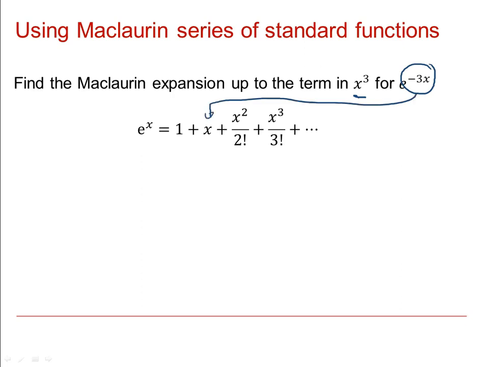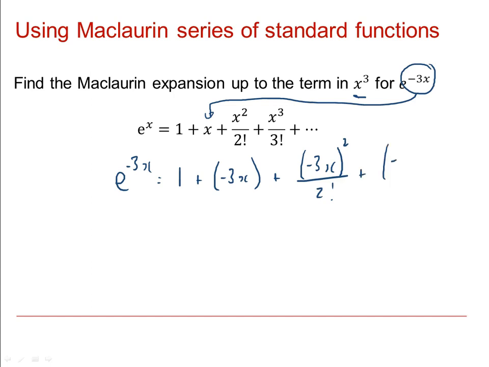So the expansion for e to the minus 3x will be equal to 1 plus minus 3x, putting any term that I'm going to substitute into brackets, and then minus 3x all squared over 2 factorial plus minus 3x all cubed over 3 factorial. We don't need to go any further than that because we're asked to go to the term in x cubed.